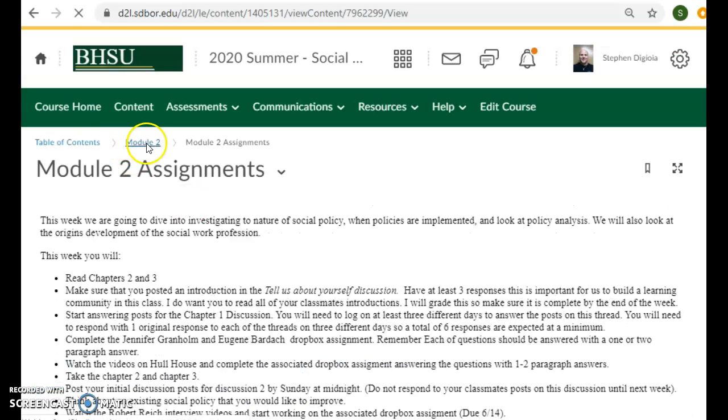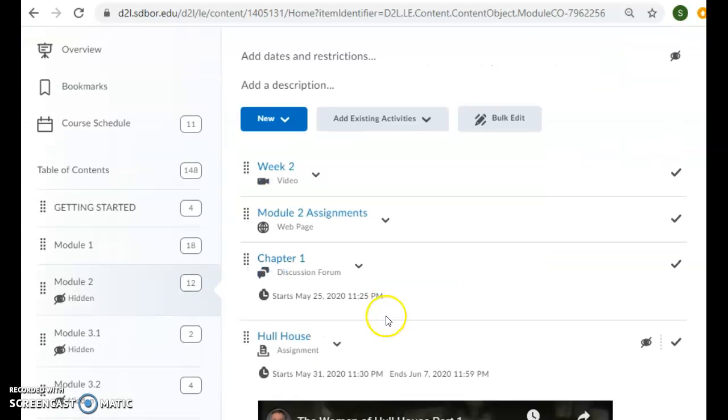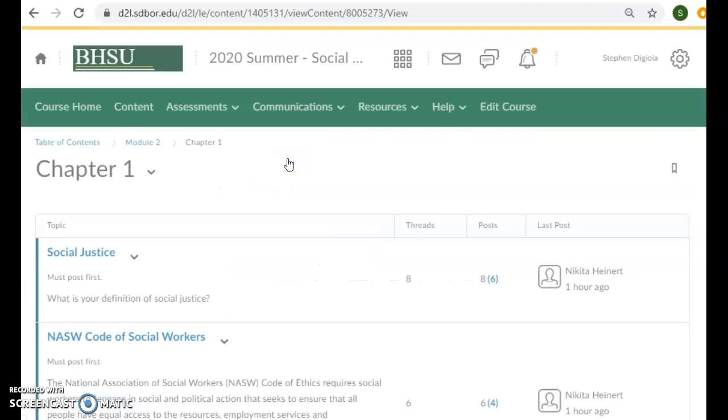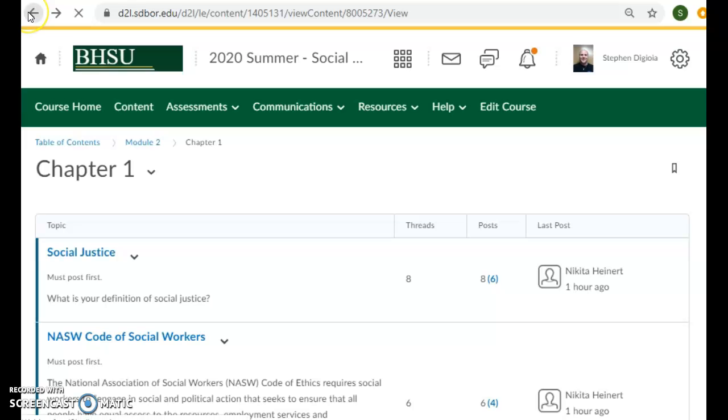So in going through how you're going to see the layout, we'll just work down here. You'll have the video here for week 2, your assignment page that we just went over, and the chapter 1 discussion. So here's your post that you're going to be responding to this week.